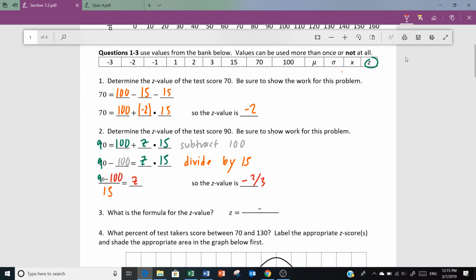So we just created a new formula. What's the z value formula? It's blank minus blank over blank. See if we can fill that in from the word bank at the top. This thing is the average. So let's go ahead and, in groups of 2, fill in what we believe the z value formula to be.